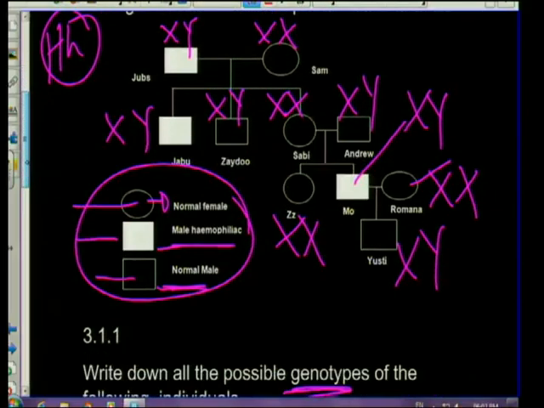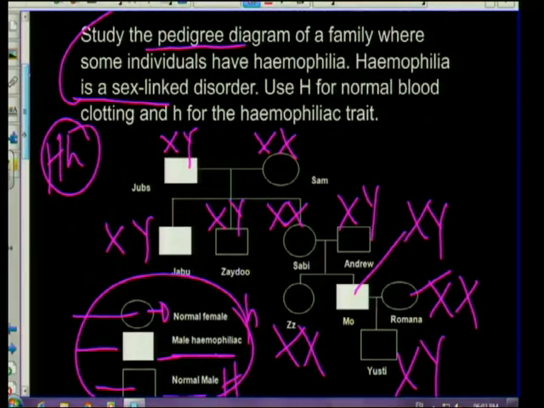If the male is hemophiliac, we add small h, and if he's normal, we add capital H, because he has X, Y. This one is affected, so he has to have the small h. This one is affected, so he has to have the small h. This one is normal, he must have the capital H. This one is normal, he must have the capital H.